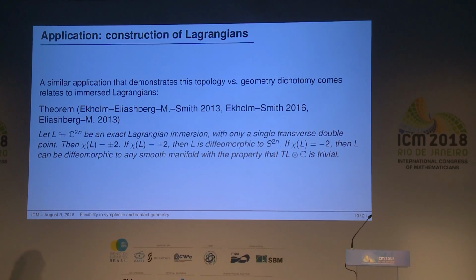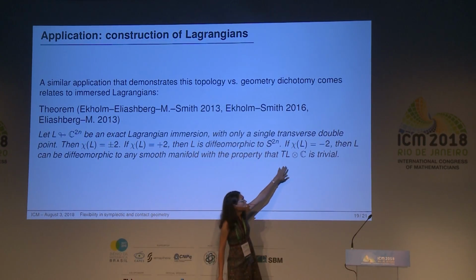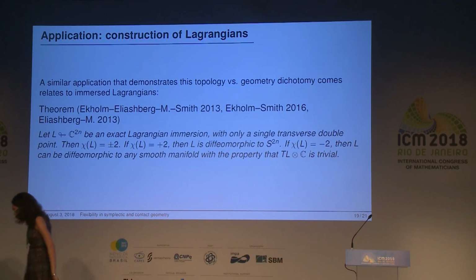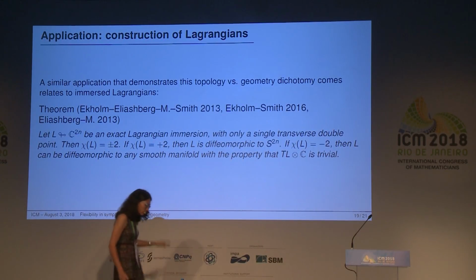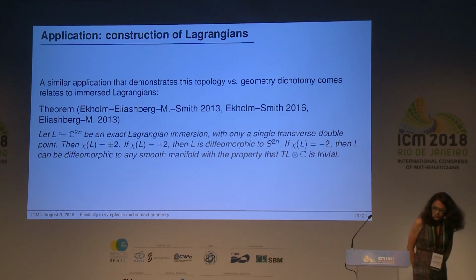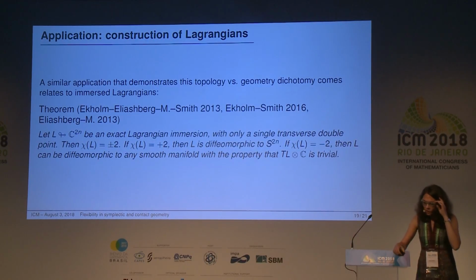However, if you have any smooth manifold at all satisfying some formal condition here, then it always immerses with a single double point. The typo is just that if n is 2, we don't actually know that it's diffeomorphic to S4, because you get into smooth Poincaré. But besides this, this is true.